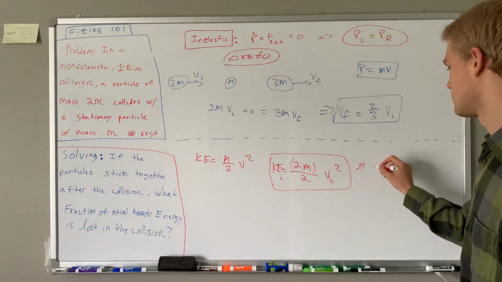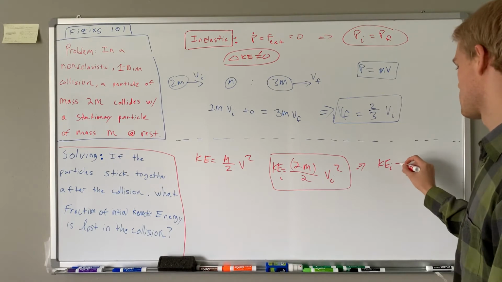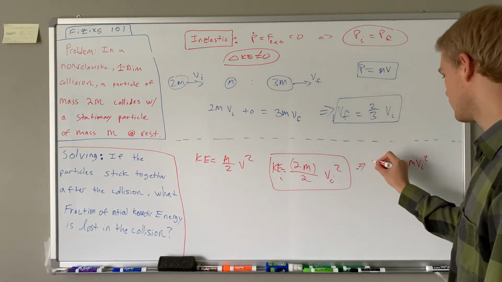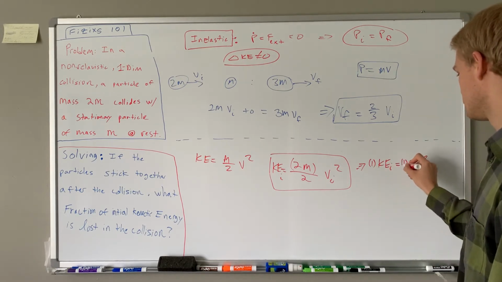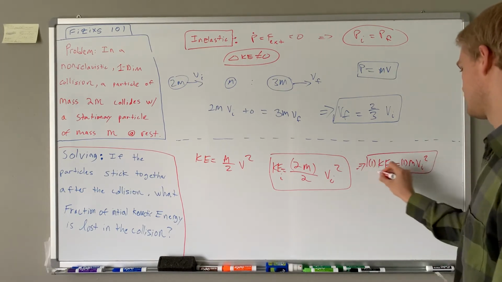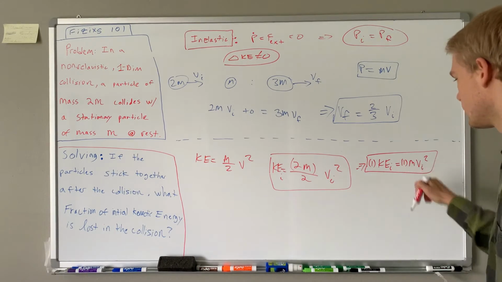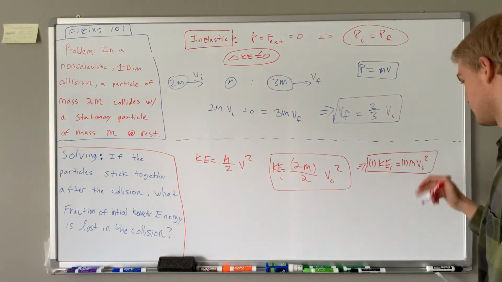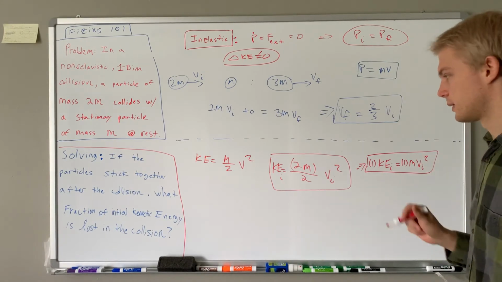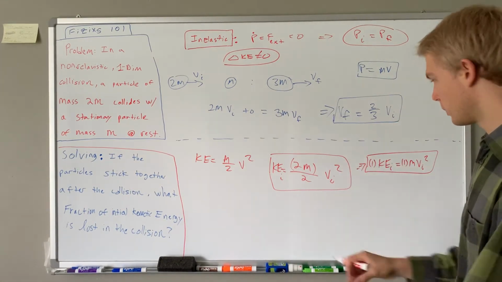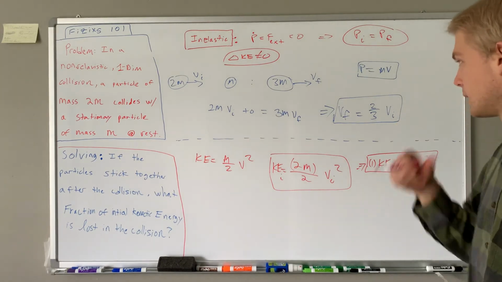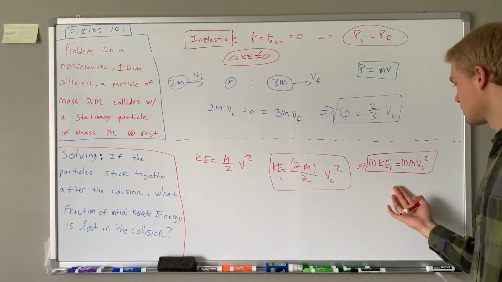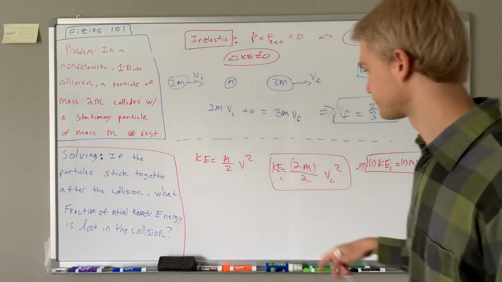Or you can write it like this: one mass times the velocity of the initial one squared is equal to one unit of the initial kinetic energy value. And we have the final velocity in terms of vi, so we can use this relation and compare them.